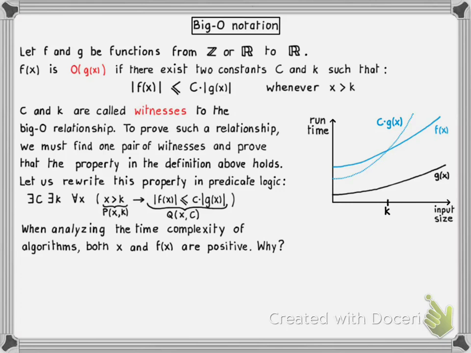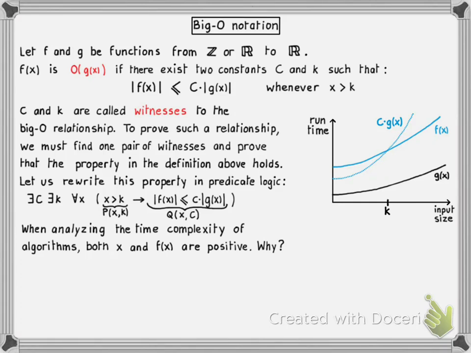And as a result, I didn't need to draw the absolute value function here on any of these functions, since the absolute value of a positive number is exactly equal to that number. So that's the reason why we're making these simplifying assumptions, and we will never bother with the absolute values in the rest of the course when using the big O notation.